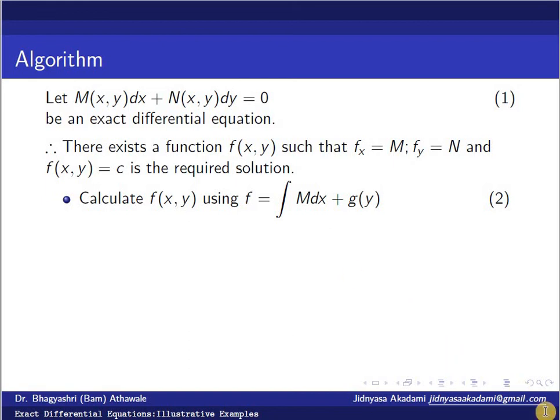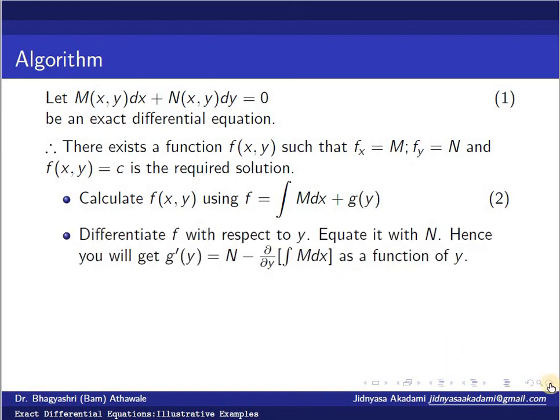So differentiate this f with respect to y. ∂f/∂y is equal to ∂/∂y of this integration of M dx, plus g'(y). And if we equate that ∂f/∂y equal to N, we get g'(y) is equal to N minus ∂/∂y of this integration of M dx. This should be a function of y only.